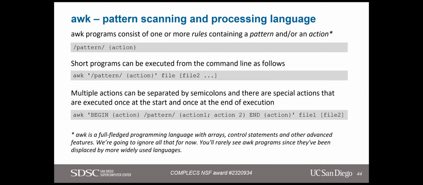You execute them by typing awk, and then within single quotes, you'll have the pattern, and the actions you want to take will be in curly braces. You can have multiple actions happen, and they will be combined with semicolons.